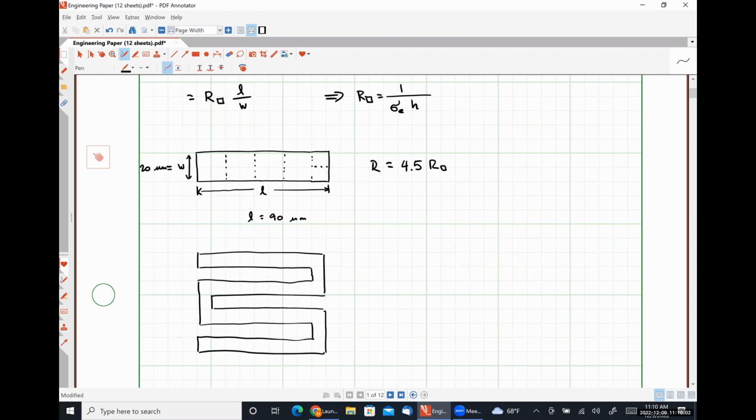So this would be considered a serpentine resistor, okay? Because it turns back on itself and it looks snake-like, all right?